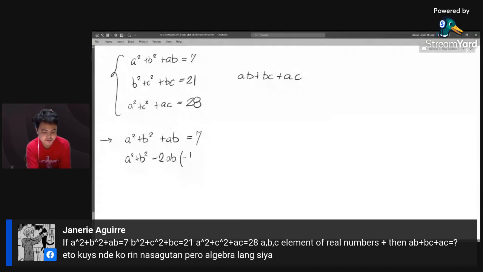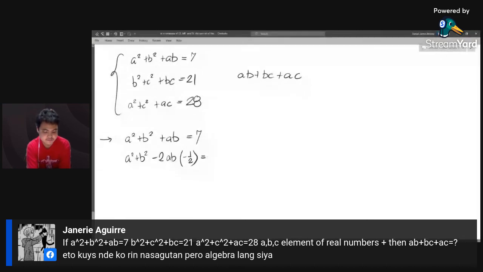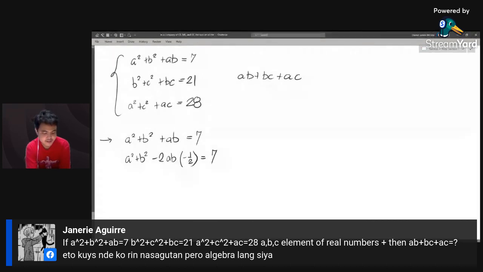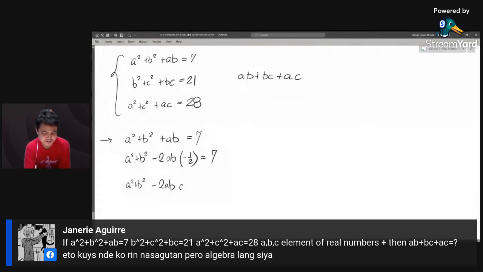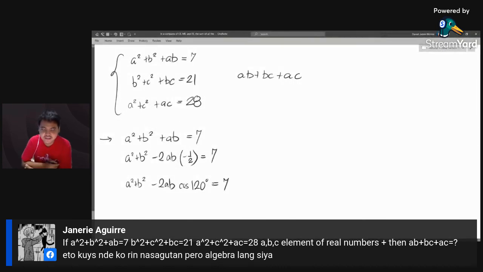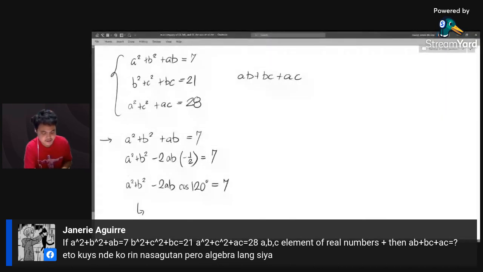Diba? Times negative 1/2. Si negative 1/2 mukha siya, pwede siyang cosine, no? Cosine of what? 120 degrees? Equals 7. O mukha na siyang cosine law. Diba? It satisfies cosine law.